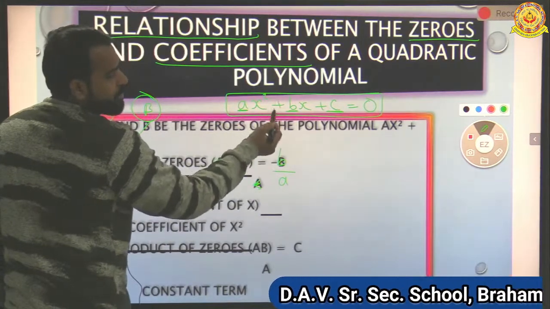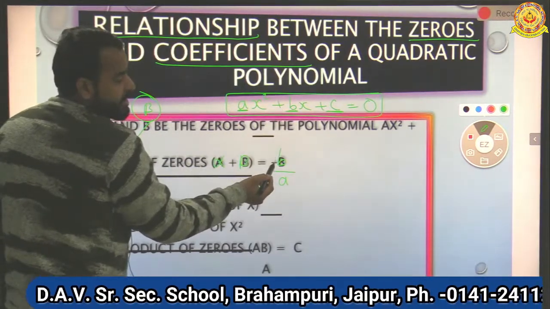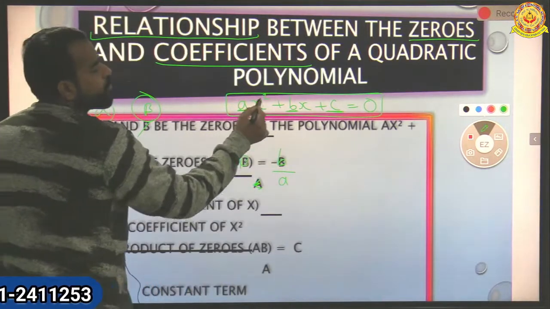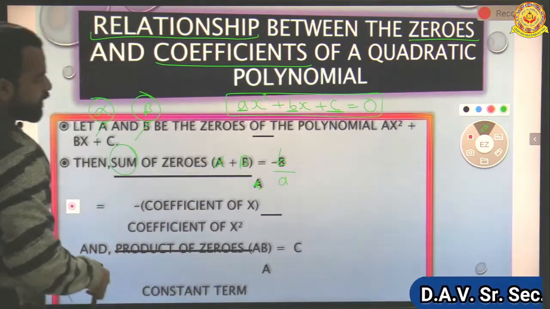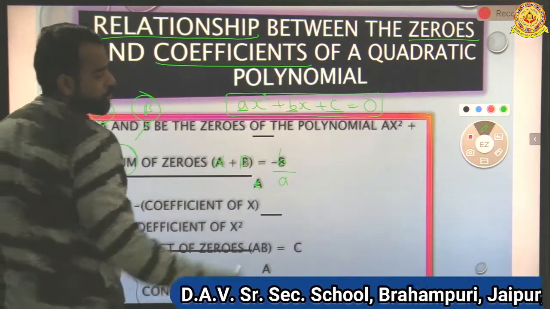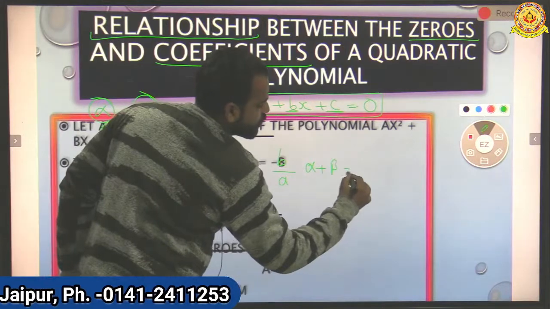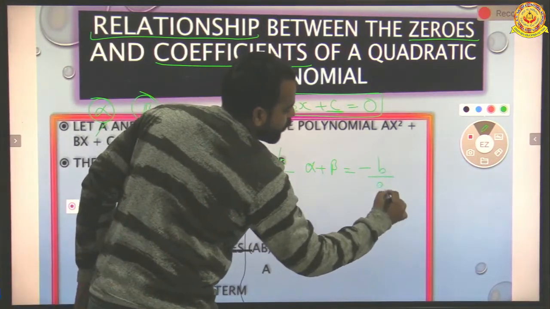Although in the equation there is a plus sign, you have to put a minus sign here because of the relationship. A is the coefficient of x square, so that's why it is minus b upon a. So always remember that the sum of the zeros is minus b upon a.